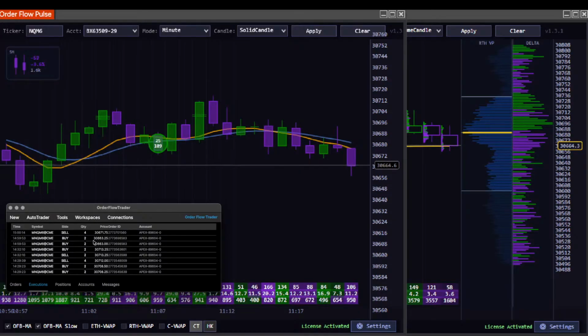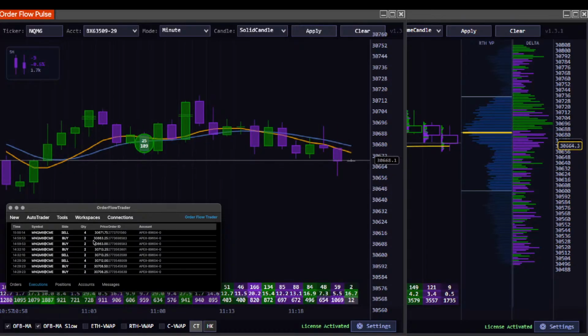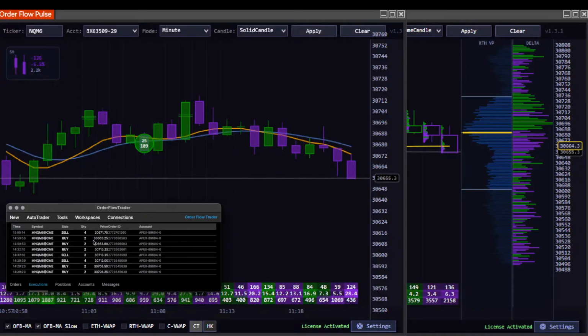You cannot humanly trade on a 3-second chart scalping. I don't care if you're in your prime. You cannot think that fast and execute trades that fast, but a high frequency trading computer can.